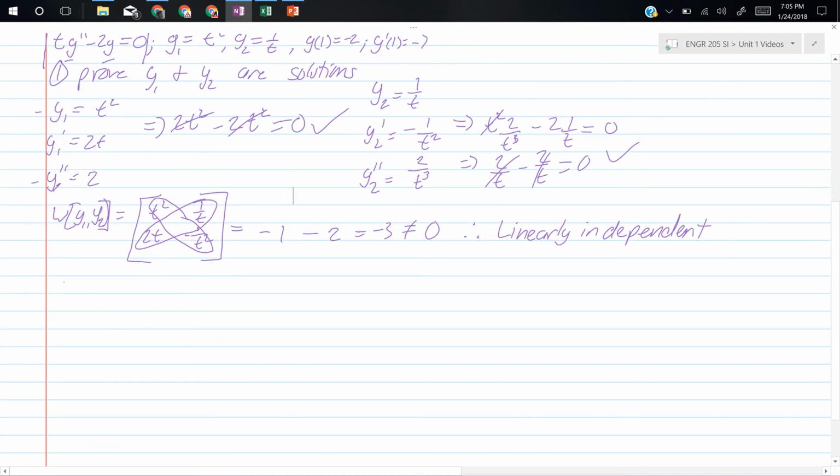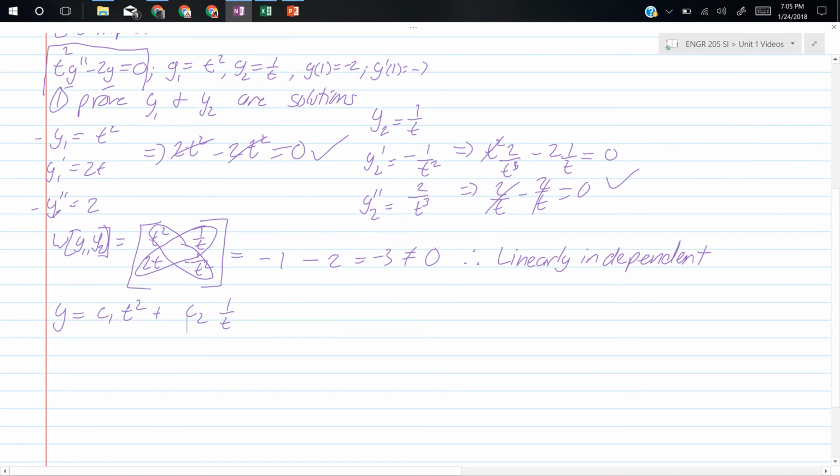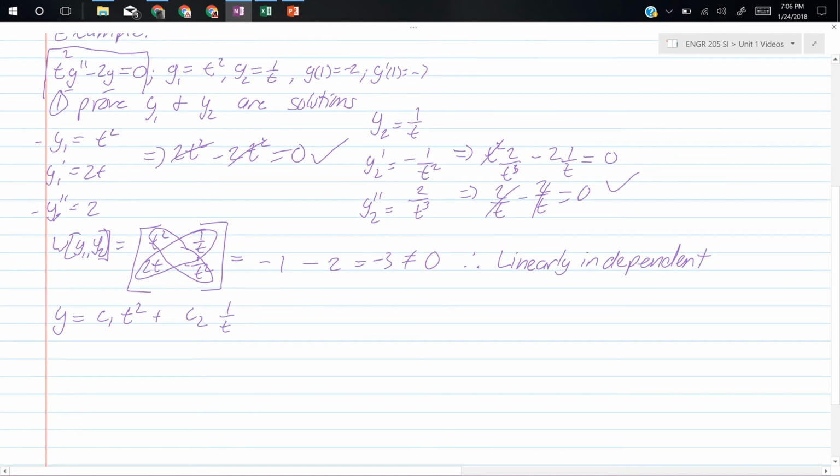So the general solution will be y equal to c1 times y1, which is t squared, plus c2 times y2, which is 1 over t. And they give us some initial conditions, so we're able to solve for c1 and c2. Now this is our new y that we're dealing with. That's what these initial conditions apply to. So y of 1 will equal negative 2, which equals c1 plus c2.